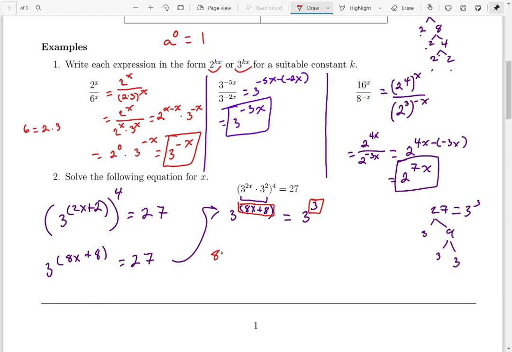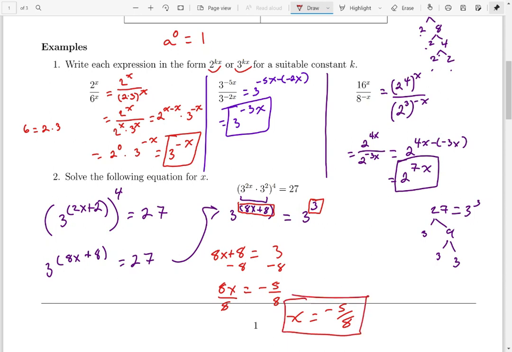So, 8x plus 8 has to equal 3, do basic algebra, minus 8 minus 8. That says that 8x is equal to negative 5. Divide by 8. Divide by 8. I then get that x is equal to negative 5/8. And so I claim that this equation here has a solution of x equals negative 5/8.